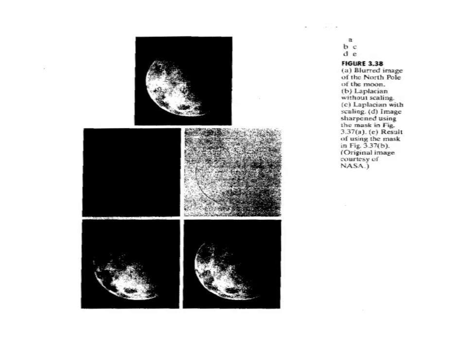Adding the original image to the Laplacian restored the overall intensity variations in the image, with the Laplacian increasing the contrast at the location of intensity discontinuities. The net result is an image in which the small details were enhanced and the background tonality was reasonably preserved.